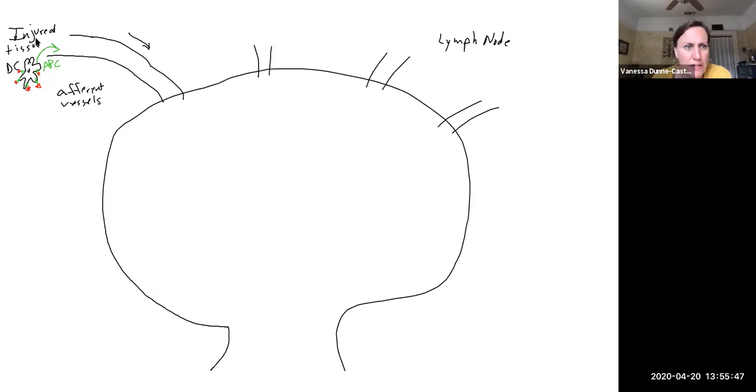In addition, we have our APCs, but there's also free floating antigen. Free means they're not bound, right? And sometimes you might actually have the whole pathogen, but we're going to stick to this: we have these incoming dendritic cells, and then we also have free antigen. It's all just floating in here in the lymph.